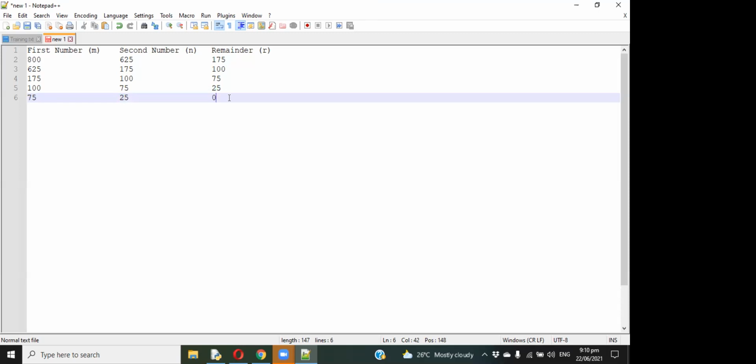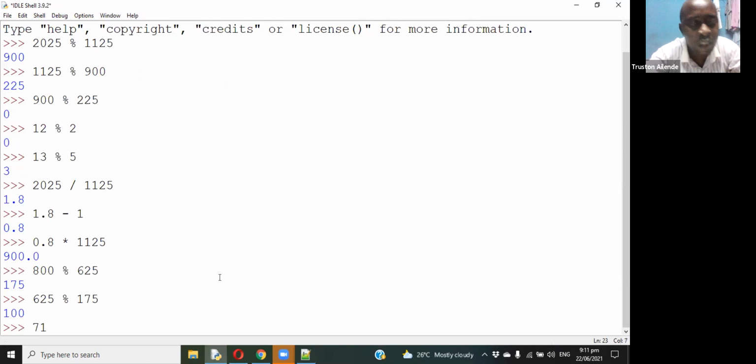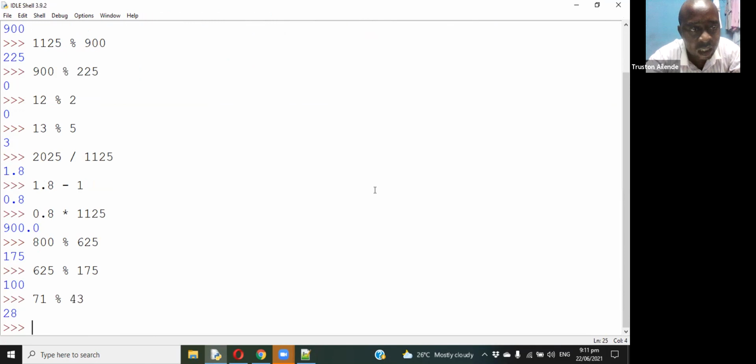So what if you don't get 0 at the end? I don't think it's possible to have two numbers like that, except prime numbers. So if you say 71 and 43, let's try it. 71 modulus 43 is 28.